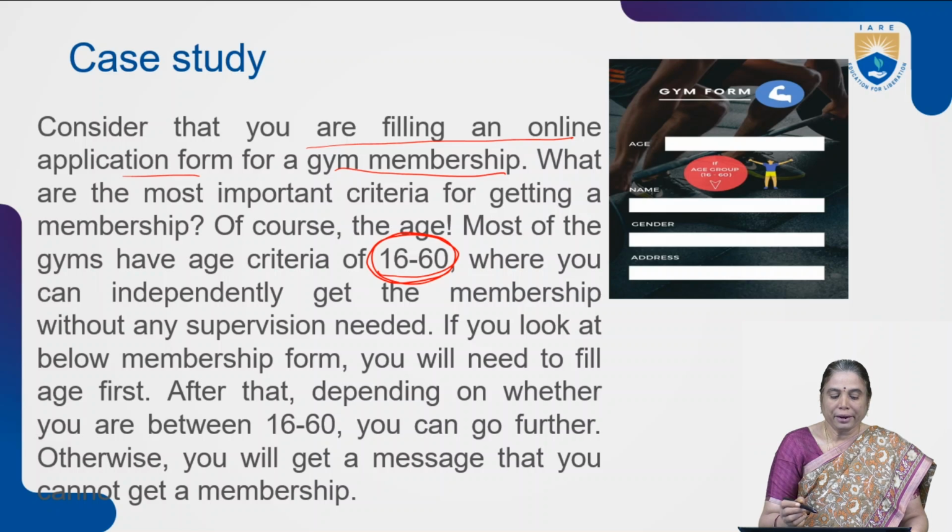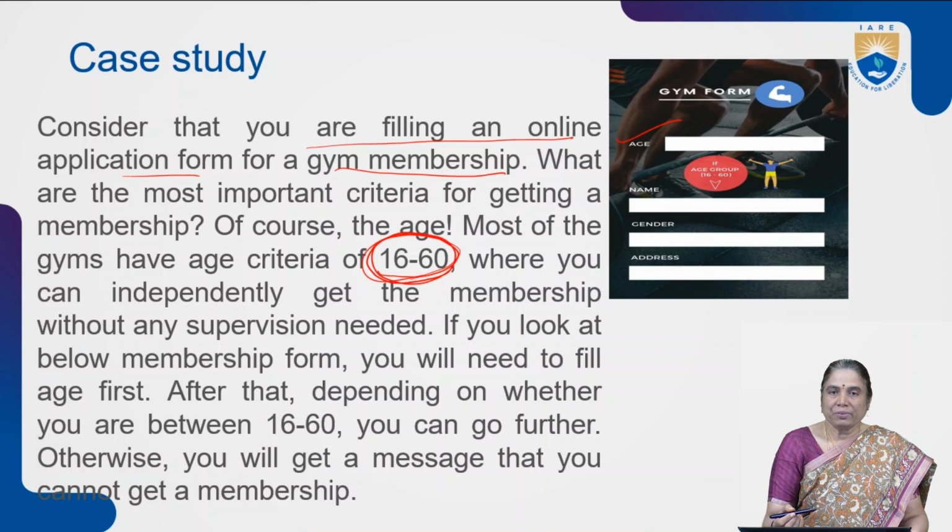If you look at the membership form below, you will need to fill in the age first. So this is the gym membership form. In this, the first information to fill in is the age, and the allowed independent age group is 16 to 60.